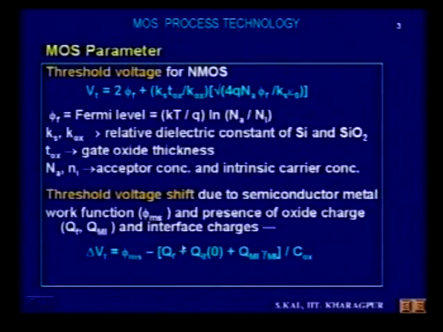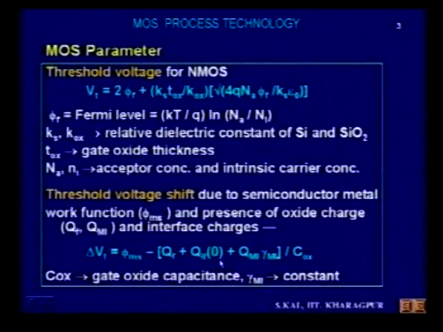And due to the metal work function phi ms, the threshold voltage also changes, and that change is given by this relation: delta Vt is the threshold voltage change, given by phi ms minus Qf plus Qit plus Qmi, gamma mi, and Cox.